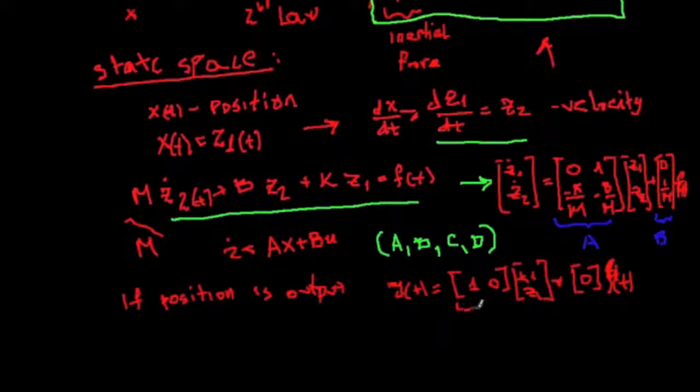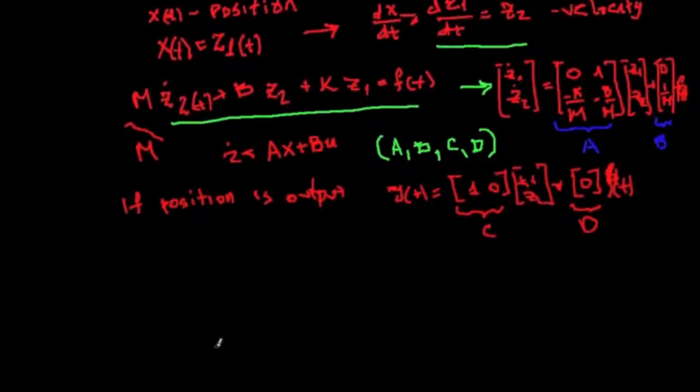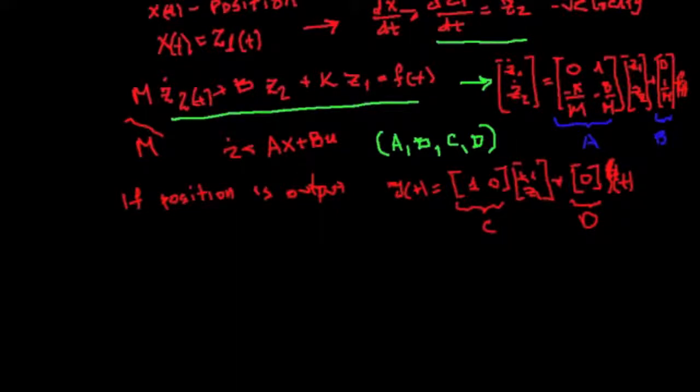In other words, we obtained that C is this matrix and D is the following matrix. Therefore, we have a state space realization A, B, C, and D. And now let us look into the last important thing. How do we realize this in reality? So, realization.